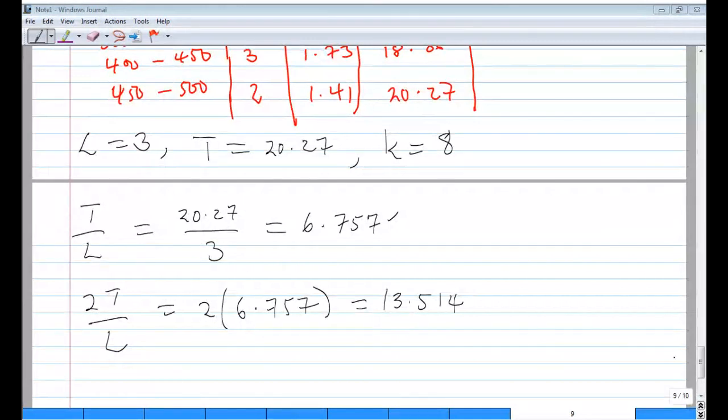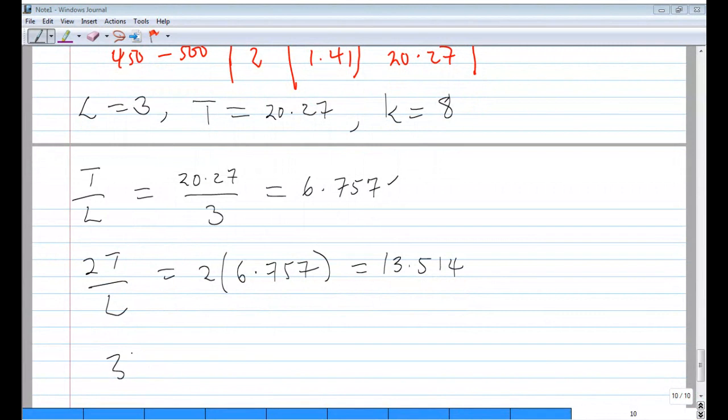Then next, again, you have to use 3 times the total over L. And what is the answer? It's going to be 3 times what? 6.757. What is the answer? 20.271.